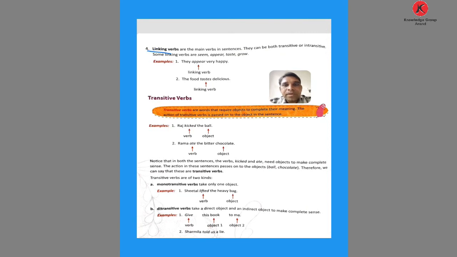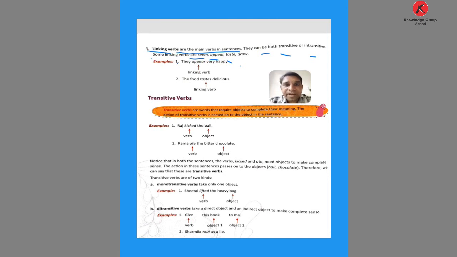Now comes the fourth, linking verb. Linking verb means the connection between the subject and the verb. Linking verbs are main verbs in a sentence. They can be both transitive or intransitive. Some linking verbs are seem, appear, taste, grow, go, might be, can be.